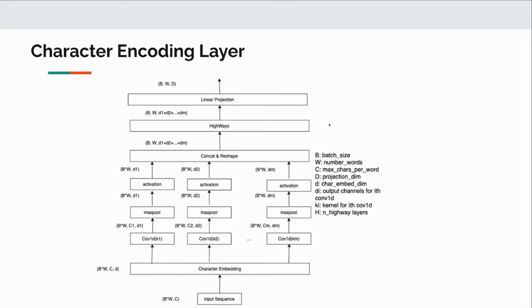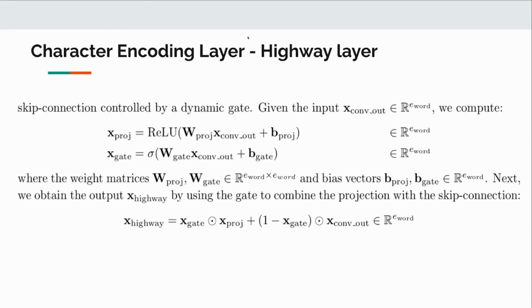Next, we have a highway layer. As shown in this slide, the highway layer has a skip connection and a dynamic gate. Let's say our input is X. We compute X projection by passing through a fully connected layer and then a ReLU layer as activation function.